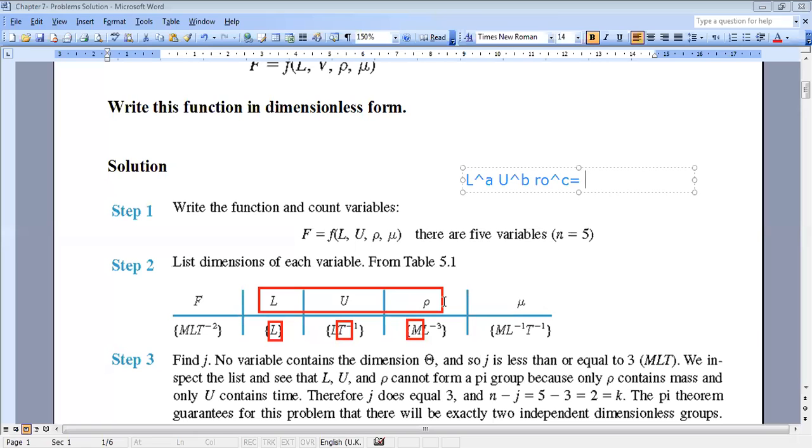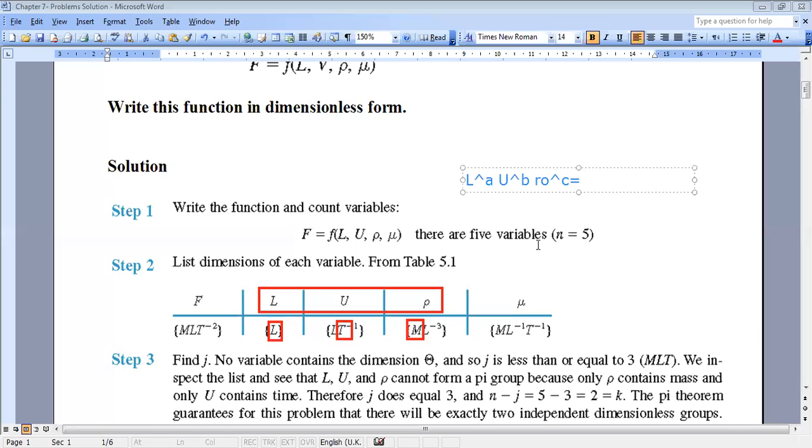You can use whichever you want, it is not necessary to use only L, U and rho. But why do I choose L, U and rho? Because I am sure that they cannot form a group. Why? Because M is only present in rho and T is only present in U. So in this way, by choosing these 3, I am sure that they cannot form a group. You can choose another 3 and it would work too. But you should make sure that they cannot form a group together.